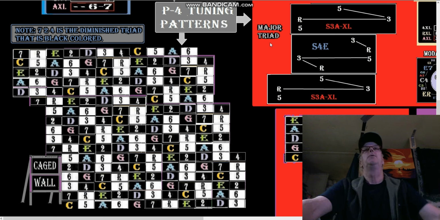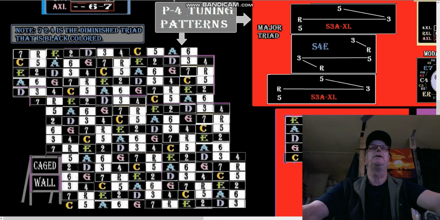Okay, so what I've done is, in the white notes here, we have root 3, 5, 6. So that covers the P4 shapes, anywhere you look at them. And I guess I just wanted to get everything here, so I could start on any one note, say root, 3, 5, root, 3, 5.